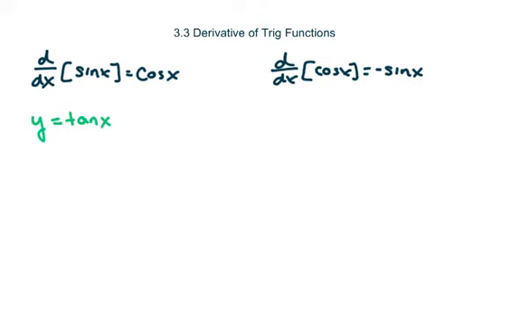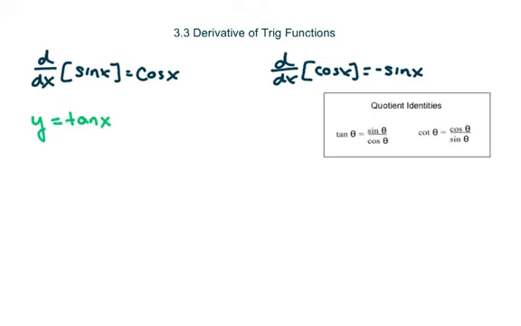But I'm going to pull out some identities. What you see now are the quotient identities, that we know that tangent of theta is the same thing as sine over cosine. And I can use that to my advantage here. So instead of writing tangent, I'm going to write this as sine of x over cosine of x.